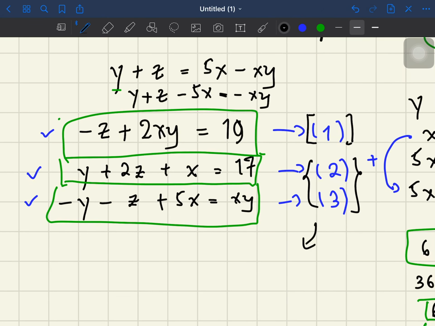But how should I get rid of z? Well, recall that z equals 2t minus 19.